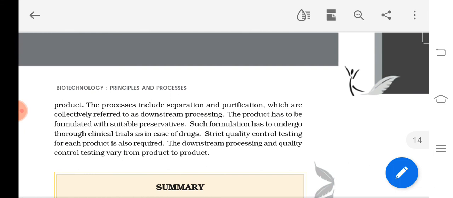Understood? So the downstream process varies from product to product. The separation technique will be different, the purification technique will be different, and if any preservatives are to be added, that will be different. All that has to be done so that the product can be marketed.